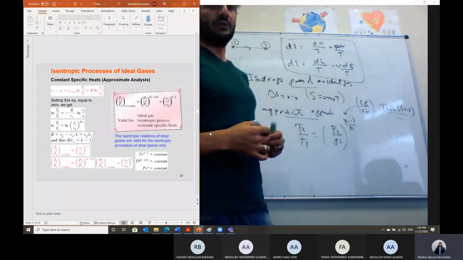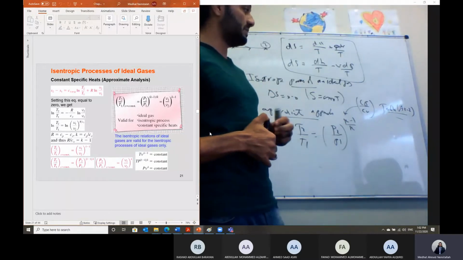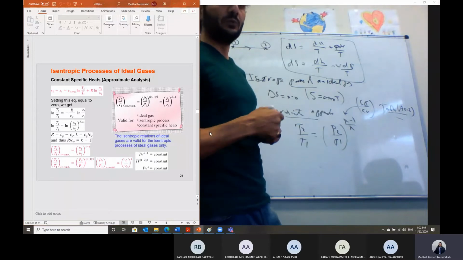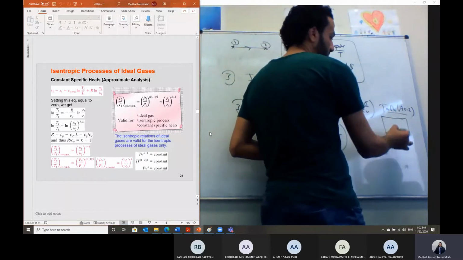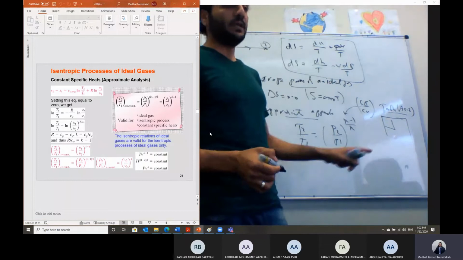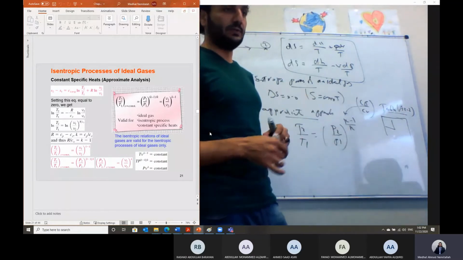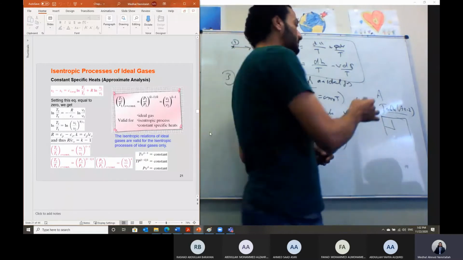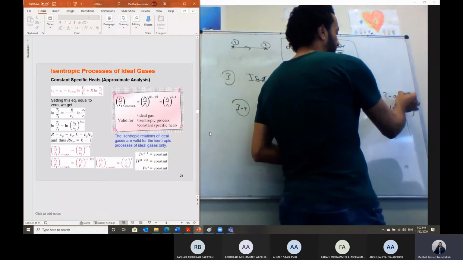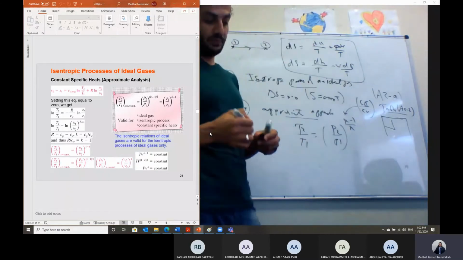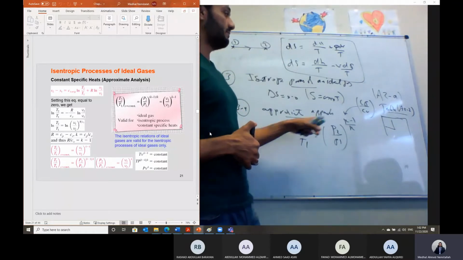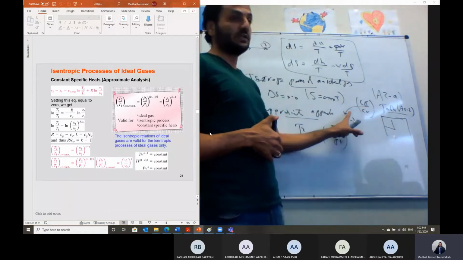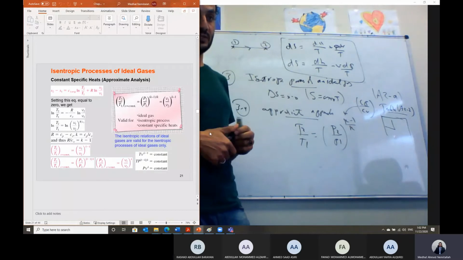Depending on the working fluid, we can get the value of k, the specific heat ratio, from table A-2b. In table A-2b, if you remember, we have subtables, each subtable for a working substance. In addition to this, if the substance is not listed in table A-2b, there is table A-2a, in which at temperature equal to 300 the value of the specific heat and also the specific heat ratio constant is given.